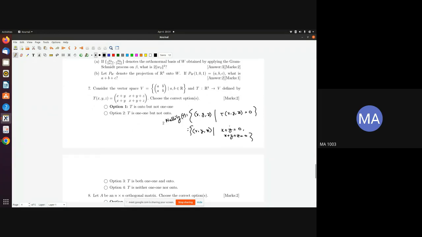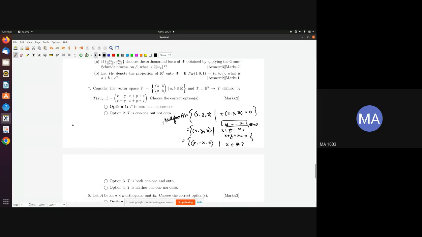So basically, you got this, right? So y is minus x. This is one thing, and then z is 0, right? This is what we got. So it is x, minus x, 0, correct? Yeah. Sorry, no, we should call it null space now. Null space. Nullity will be 1.